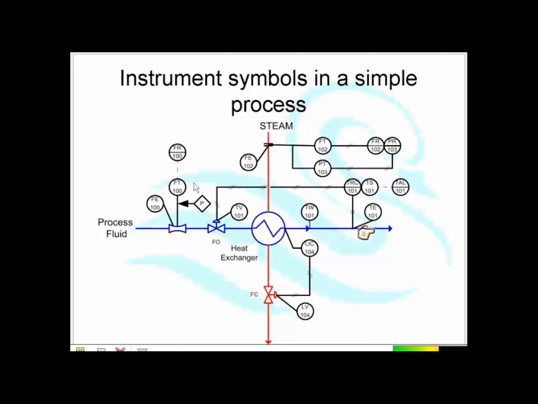And then the fluid goes this way. It seems that we have steam coming in here and going out here. So that's the piping part of the P&ID. The instruments are all stuck out in balloons. Each one of these balloons represents an instrument.